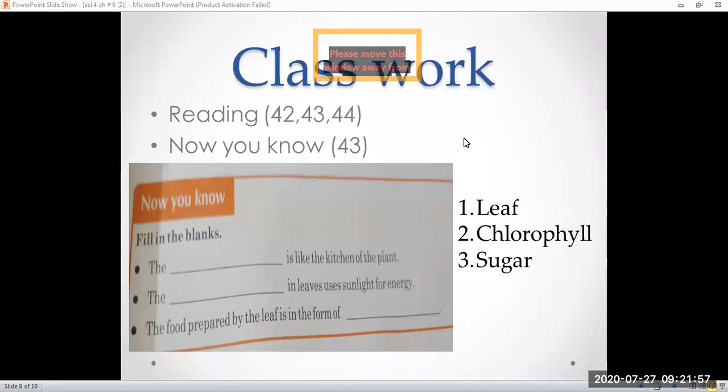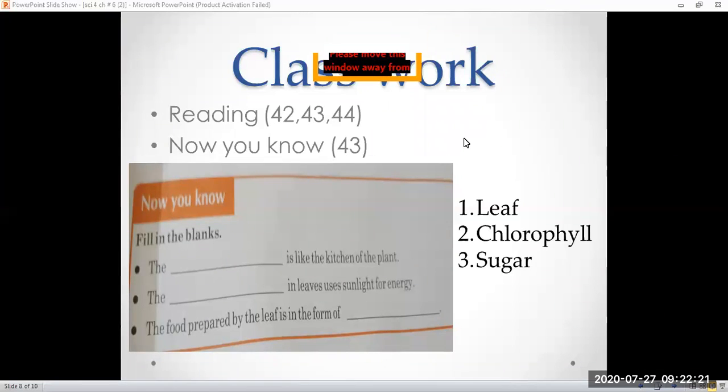The food prepared by photosynthesis is used for the growth of the plant. Extra food is changed into a substance called starch and stored in different parts of the plant. Okay, students, thank you, Mohtisam.